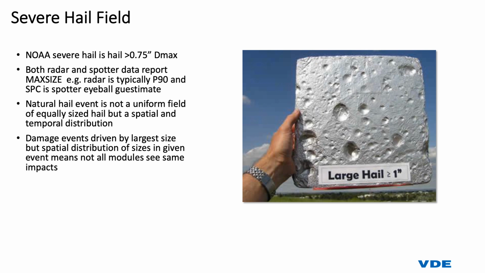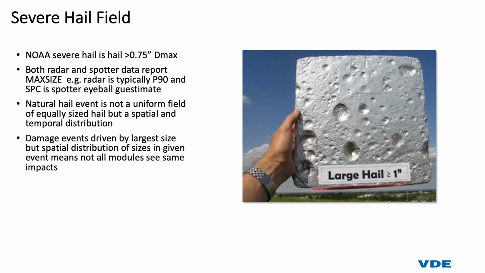In this slide, we're saying it's important to recognize that a hail event is not a uniform field of similarly sized hailstones. Rather, it's a spatial and temporal distribution through the event. Spotter data, as reported by the person on the ground, gives you the maximum size observed, and radar can give you a more detailed PDF with different p-values of size, but damage threshold is driven by the maximum size during the event.